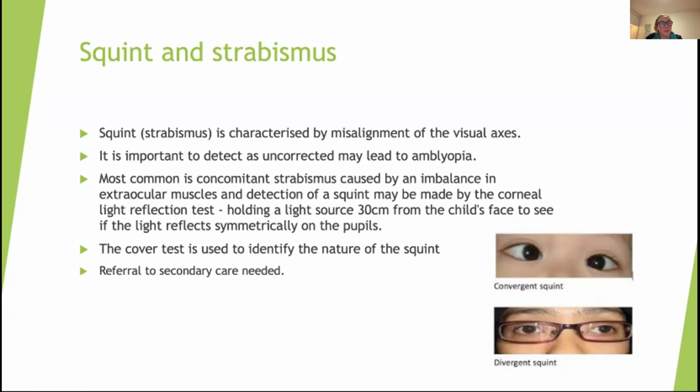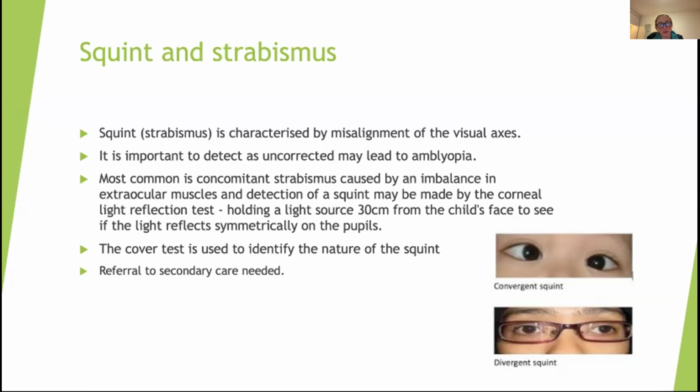The most common is concomitant, which is when you get an imbalance in the extraocular muscles. You can detect the squint by doing the corneal light reflection test to see if it reflects symmetrically in the pupils. And to determine the nature of the squint, you do the cover test. And if necessary, they might need referral to secondary care.